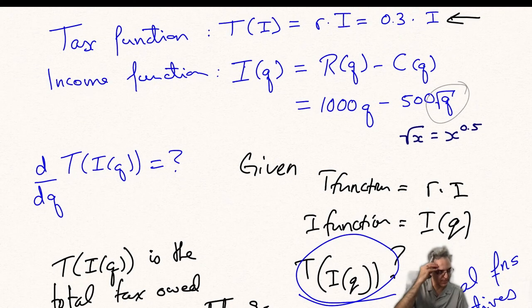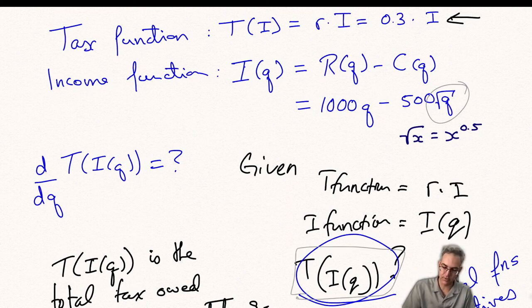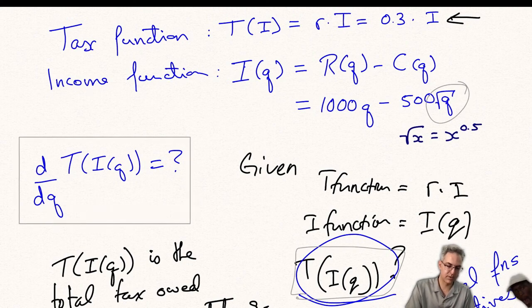Sometimes just the idea of it is what you need. But in this case, we're going to do it with actual numbers and variables. So now what he's asking is not simply how much total tax I need to pay, but how does the total amount of tax I have to pay change as the quantity changes? That's what we're interested in.